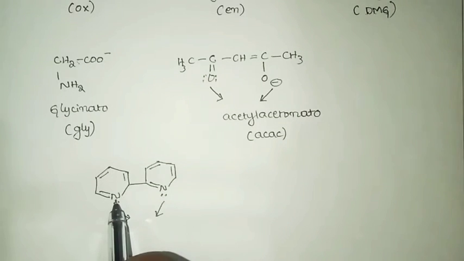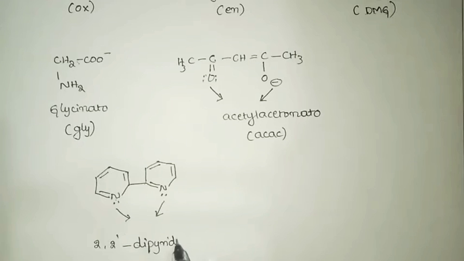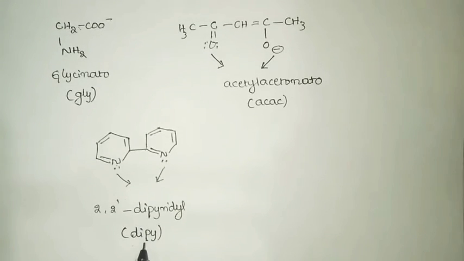So 1, 2, and again 1, 2 dash. So it is 2, 2 dash. The whole and sole compound is a dipyridyl. So this can be simply abbreviated as dipy. So for pyridine, just Py will be written, since we are having two pyridine units. So it is dipy, like this. So dipy is the abbreviated form for this bidentate ligand, and that's the meaning as well as the simple examples of bidentate ligands.